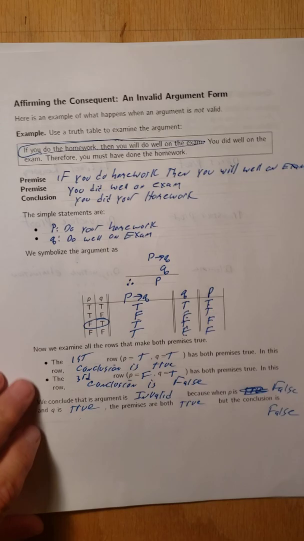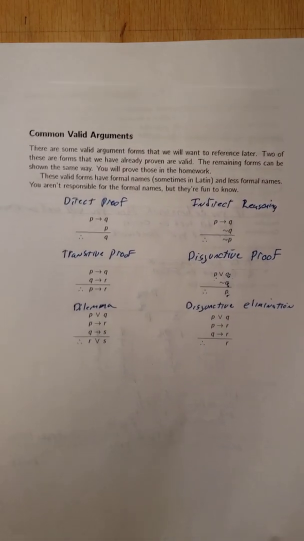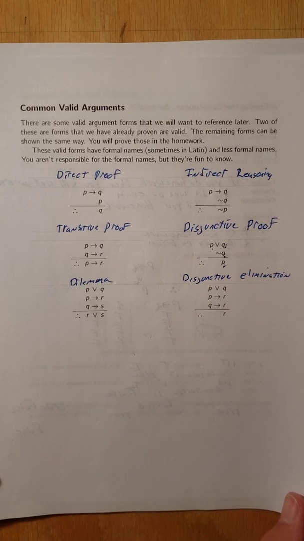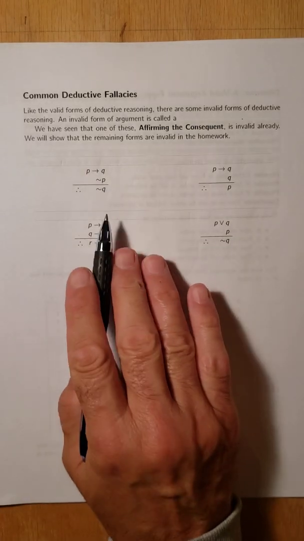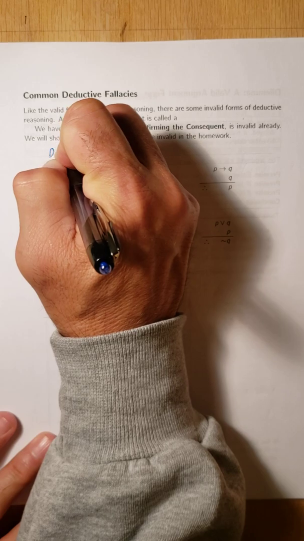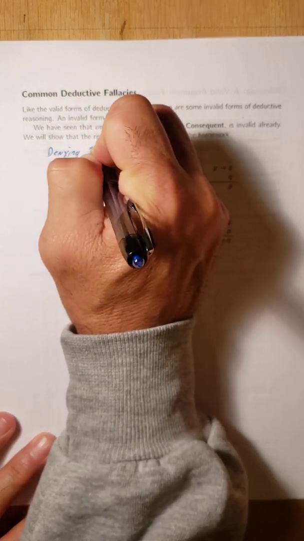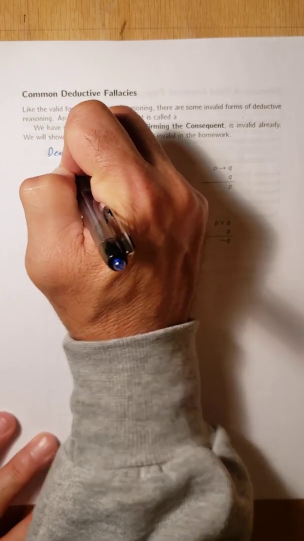Okay, so some of the ones that look like this, and again, if you remember that last page we did, here are the common valid arguments. Here are the common fallacies. Okay, these are the ones that don't necessarily work. So this first one is called denying the antecedent.